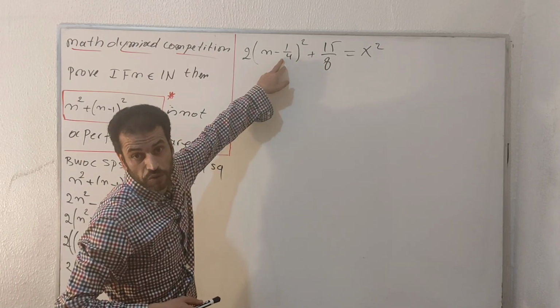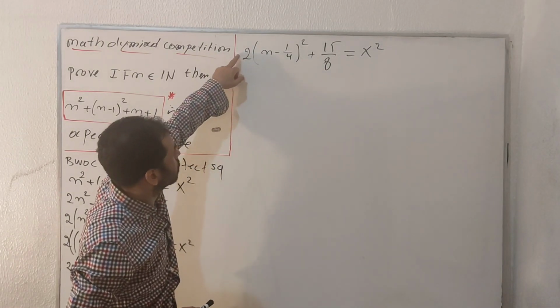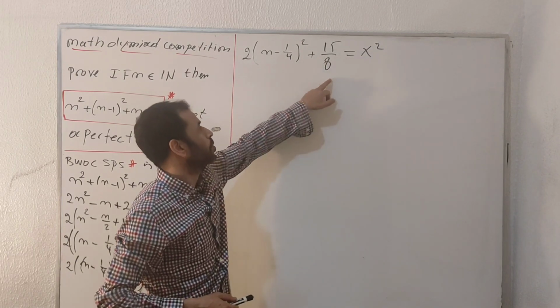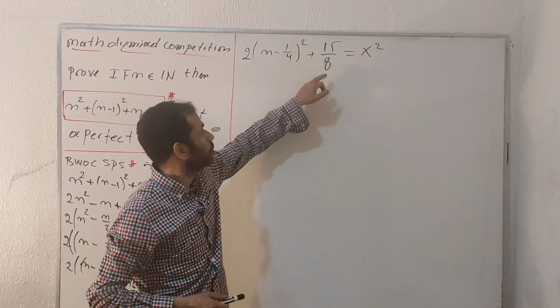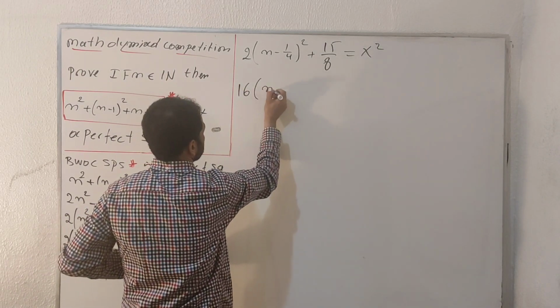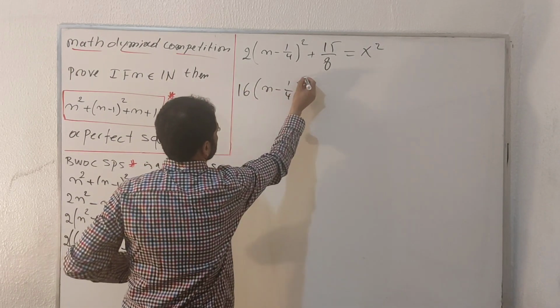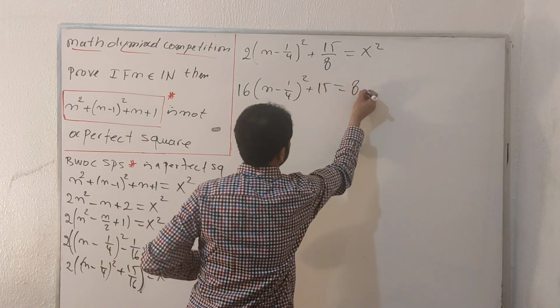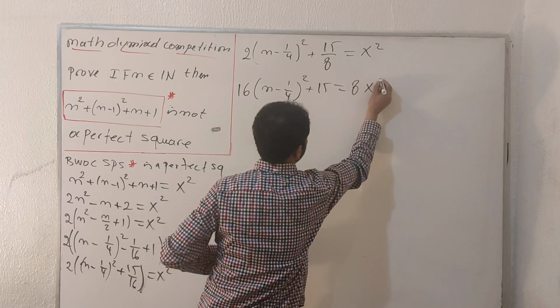We need to clear off this fraction by multiplying both sides by 8 in order to have this 8 simplified from the denominator. So I will have 16 multiplied by (n − 1/4)² plus 15 equals 8 times x².